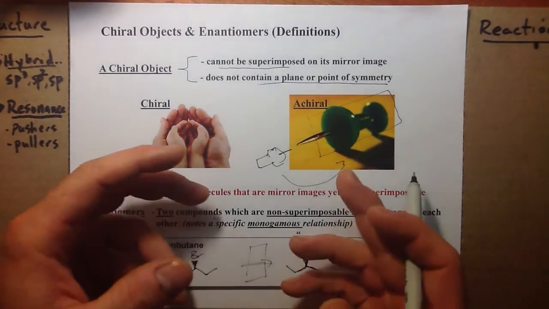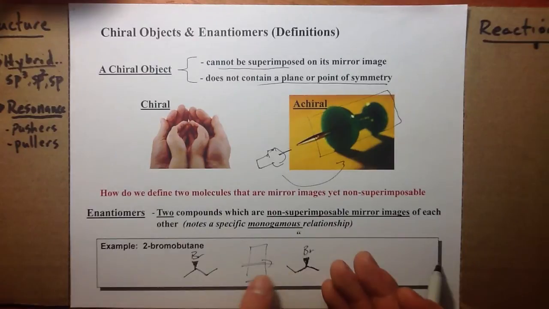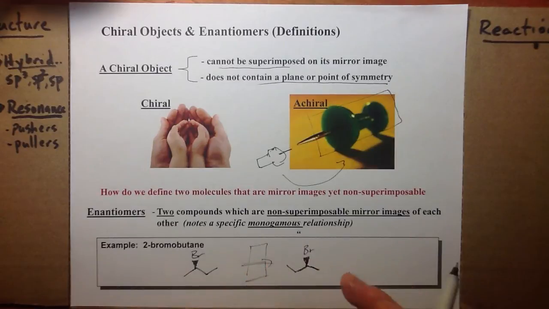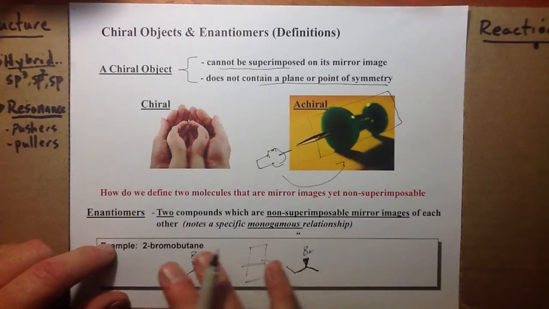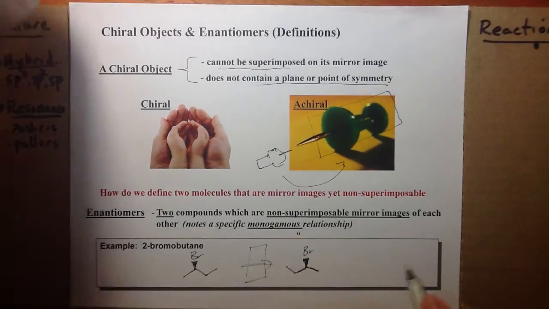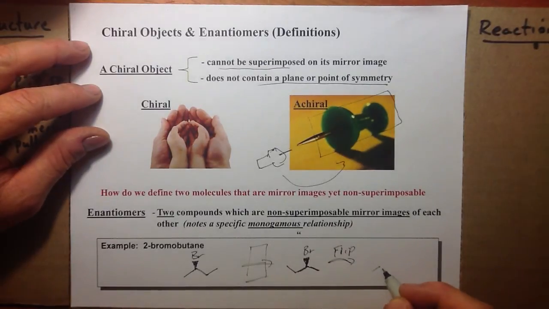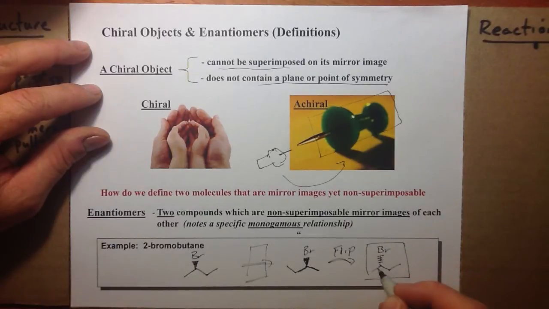And the bromine, if I flip that over, will be on the dash. This may take a bit to see, but you can take this molecule and try to superimpose it on this one, and you can't. If I flip the molecule over so that I at least have the constitution right, first carbon and then the second one having the bromine off of it, the bromine will be on the dash.